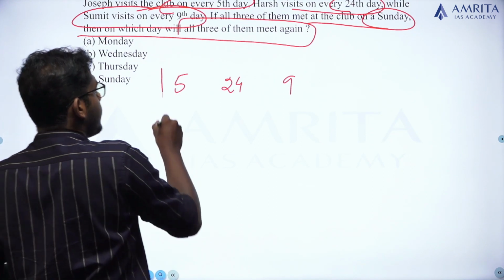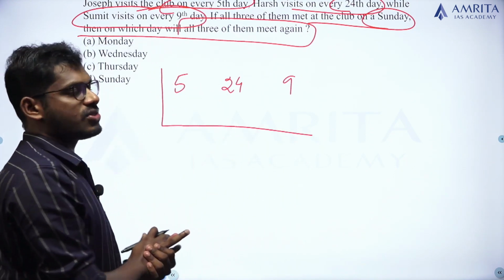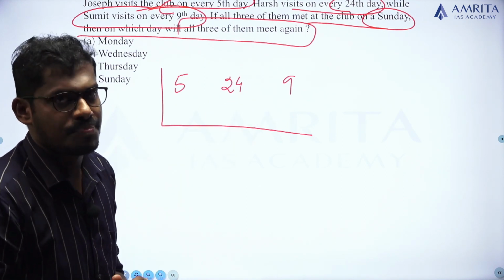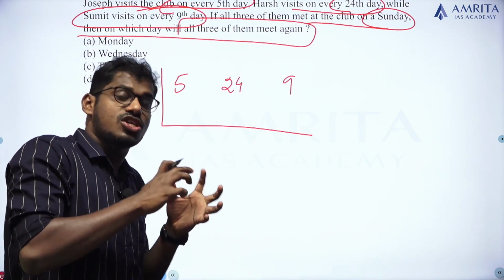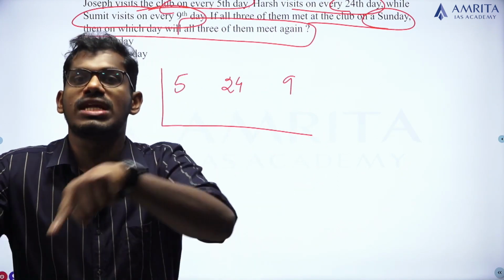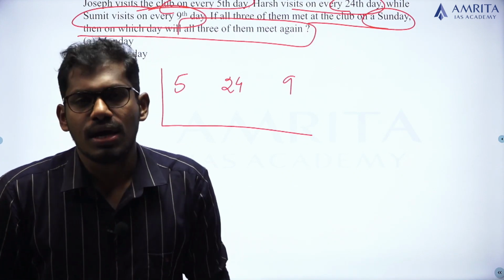So the idea behind the question is to find the LCM of these 3 numbers, 5, 24 and 9, so that we will get the least common number of all 3, and on that day all 3 will come together to the club.